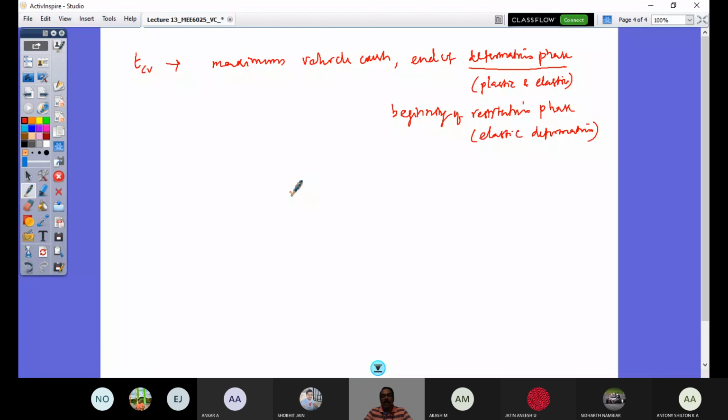Releasing energy during the restitution phase. So the integral of these forces over time is the total impulse. The total impulse can be obtained by the integral of F dt, as we have seen already, from t to t dash, where F is the exchange of collision force.